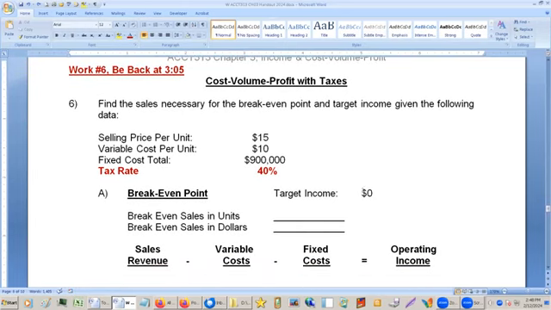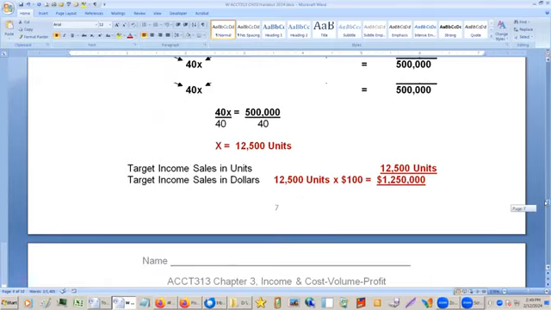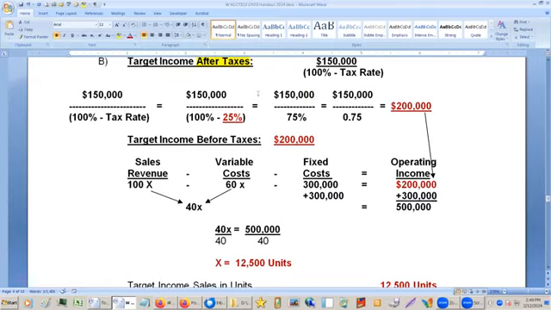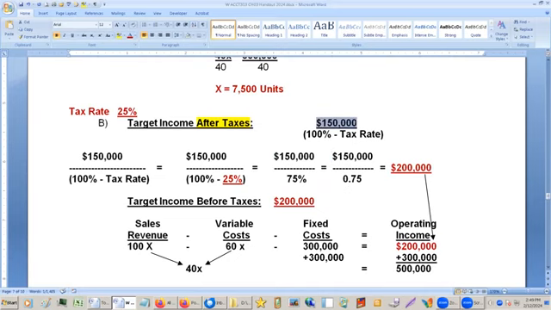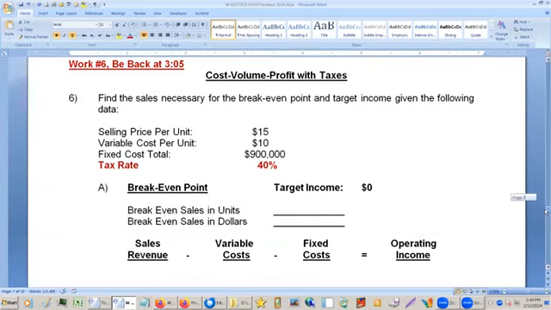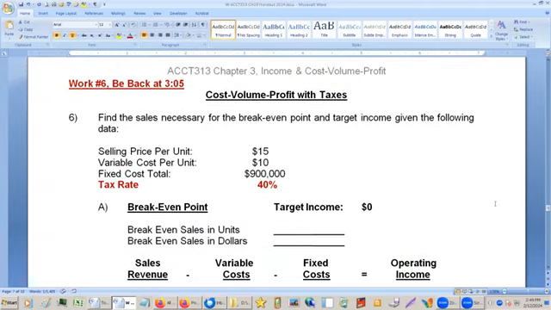By the way, you might say, why don't we do that with the break even? You could. There's nothing wrong with it, but notice that break even is 0. So 0 divided by anything is going to be 0. It isn't that it's wrong if you do it; it's just you don't need to. So you could plug in 0 here, and it'll give you back 0, but you don't need to. It's not wrong though.